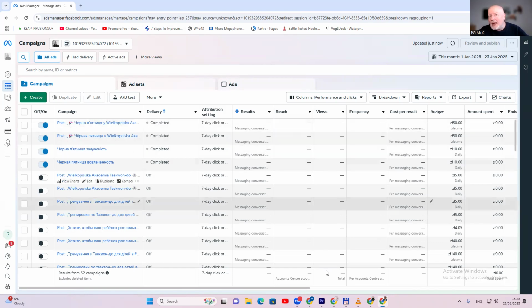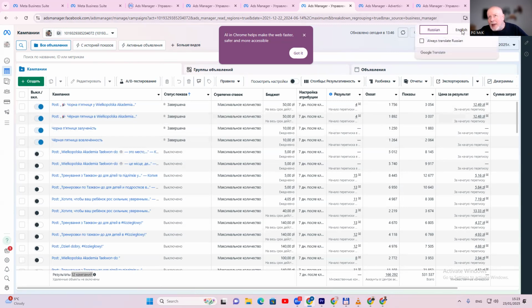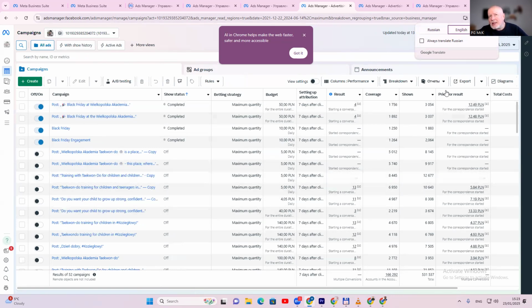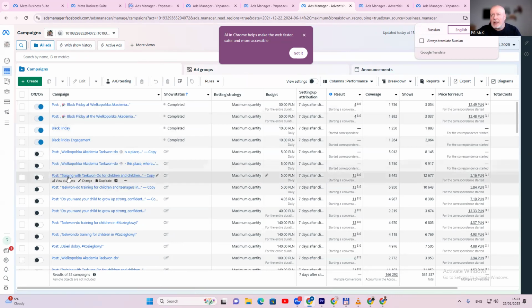Everything is blank. And on his profile, as you can see, the results are there, but they are in Russian language. If I translate this into English, then it starts messing about. You might be able to see that, but we can't actually click on things. So it's really confusing.